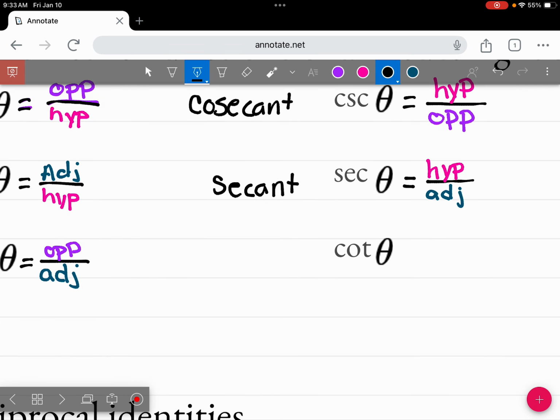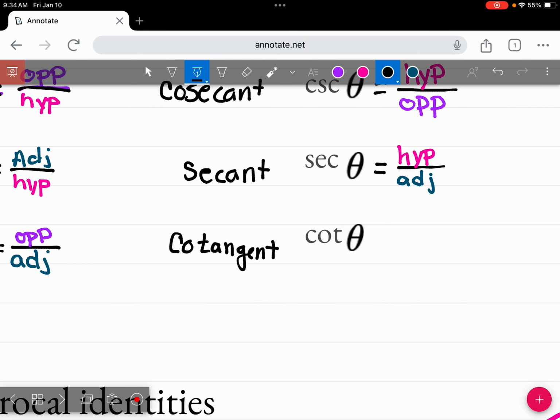And again, we've got tangent, and now we're looking at COT, cotangent. And again, it's a reciprocal. So if tangent is opposite over adjacent, cotangent, adjacent over opposite. They're all flipped from each other.